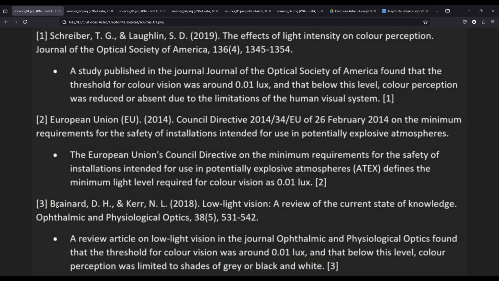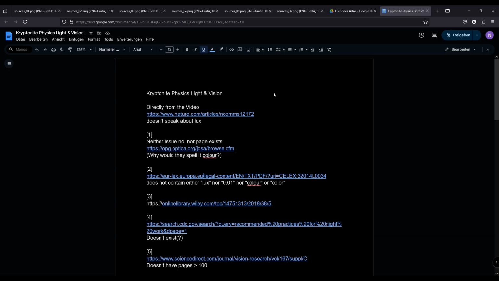Next one. We have this thing here: Ophthalmology and Physiological Optics 38.5, pages 531 to 542. Let's have a look.